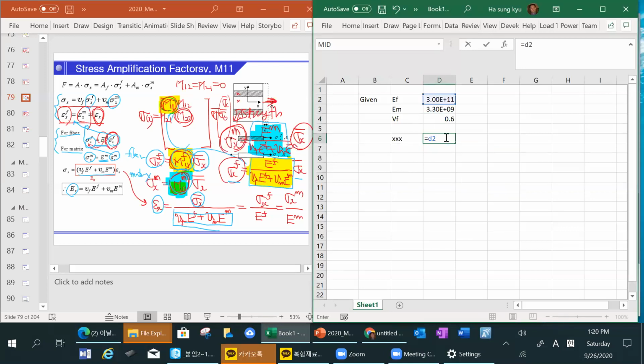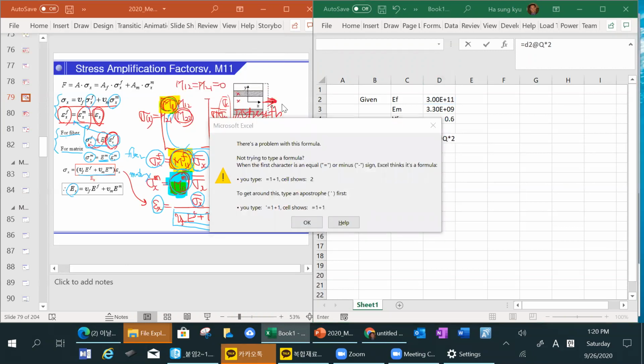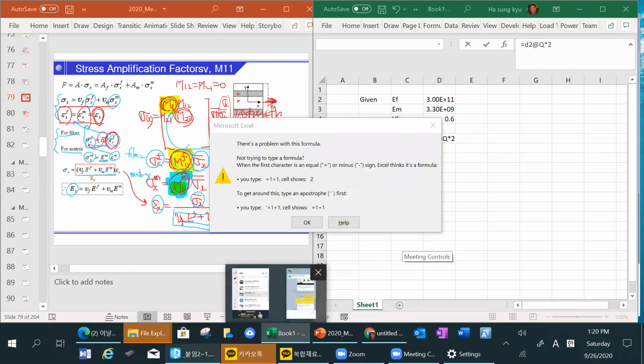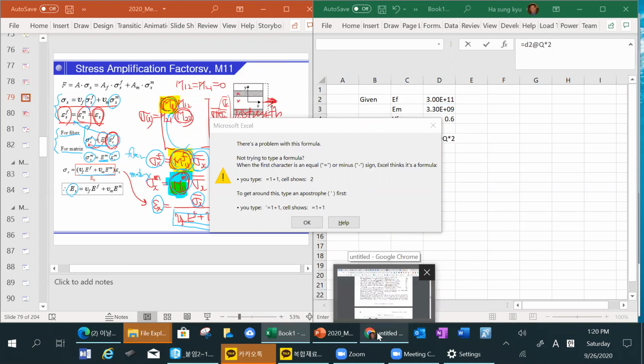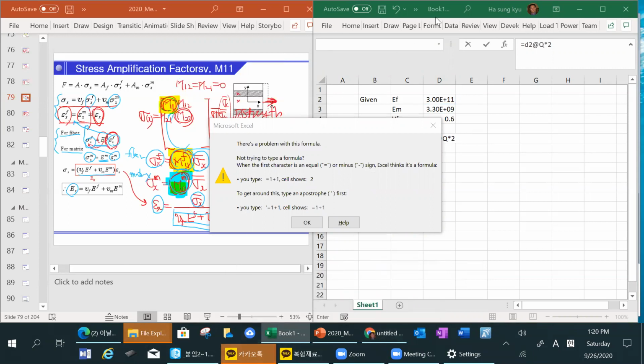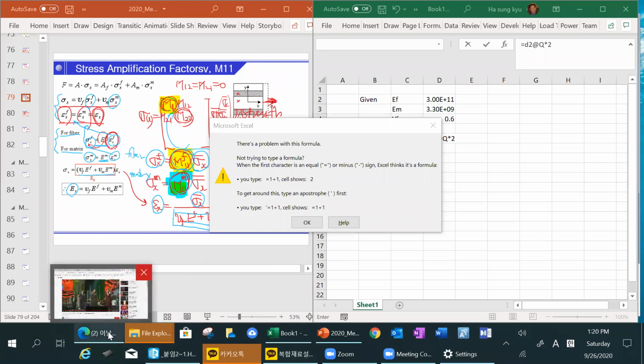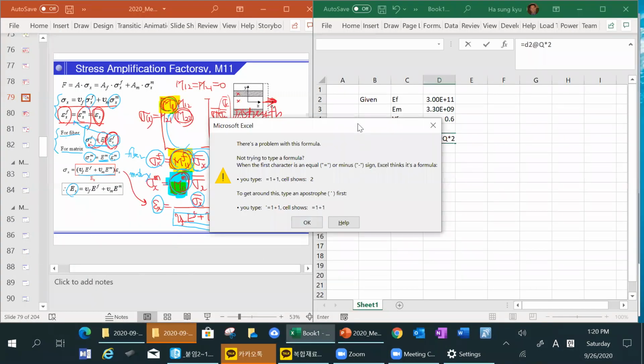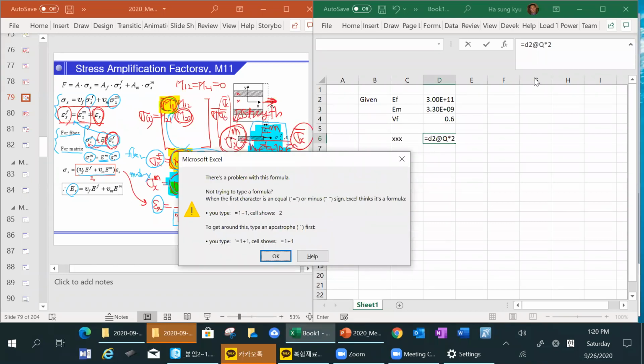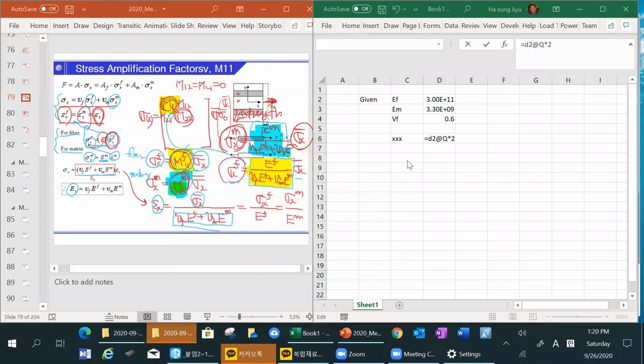You can use D2 times 2, or multiply by any numbers here.